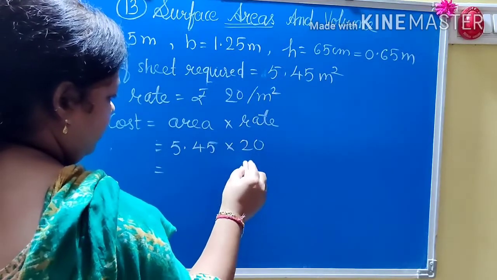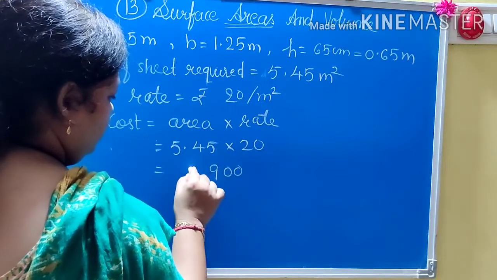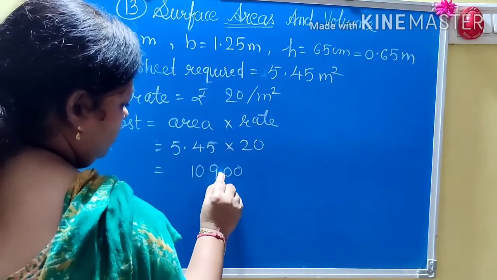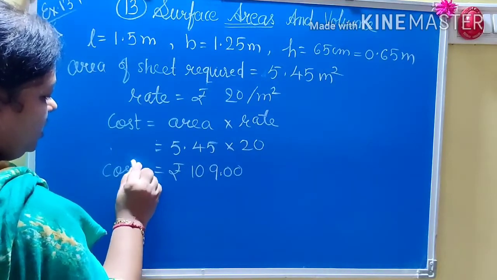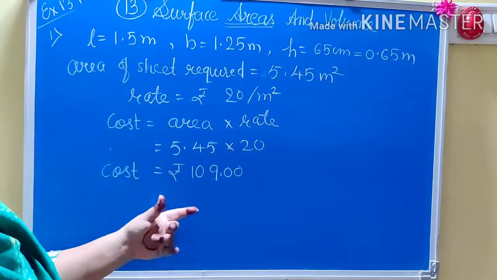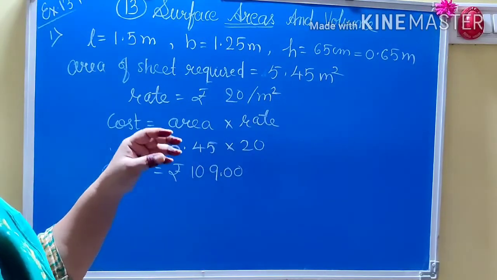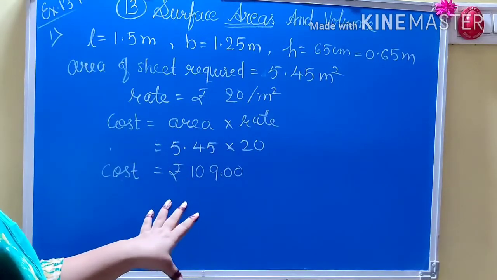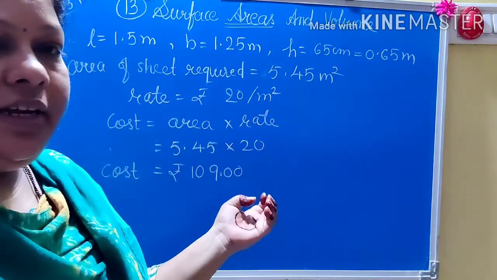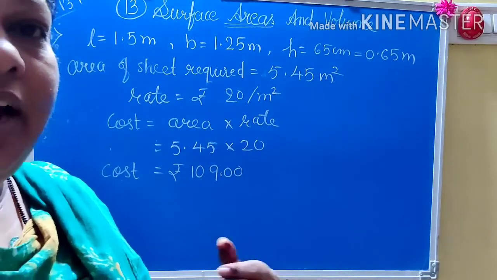Multiplying this, what is the cost? The cost is rupees 109. So in that way, knowing the formula and understanding the question properly, we can apply the formula to get the required area and cost.